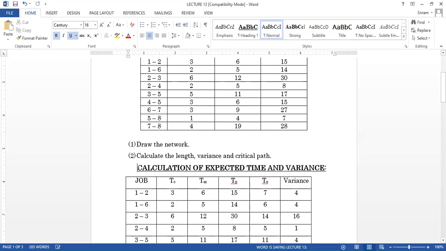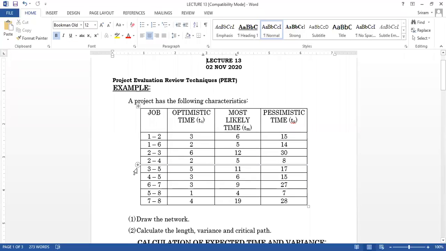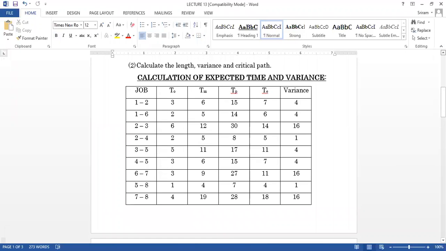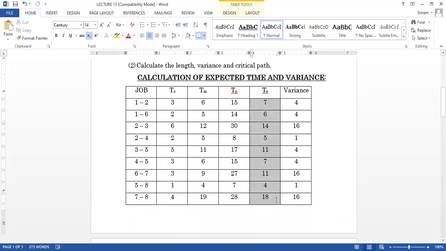Let me keep only the two questions: draw the network, and calculate the length and variance of the critical path. Now, in step 1, we are going to find the expected time and variance. How to find this? Let me delete 2, 3 and I will explain how to do this.